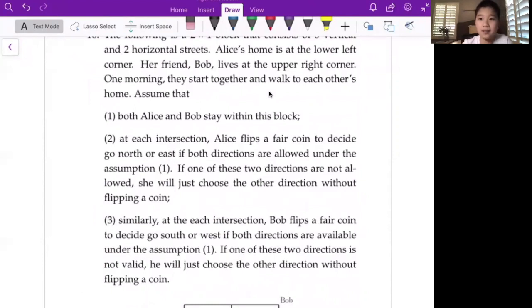Assume that, first, they are at a constant speed, by the way, if the problem wasn't that clear, and they are the same speed, constant and the same speed. And okay, assume that both Alice and Bob stay within this block.